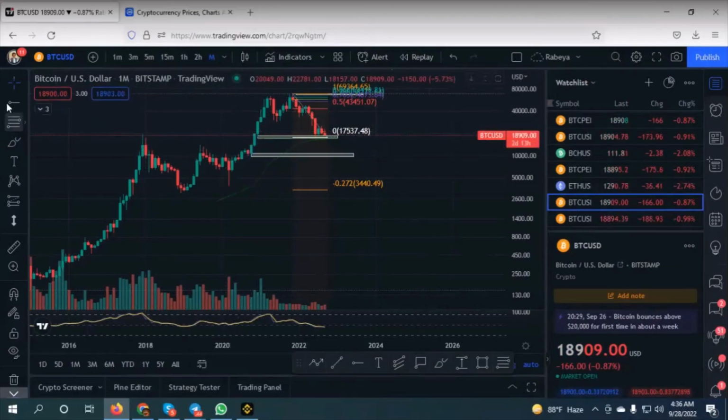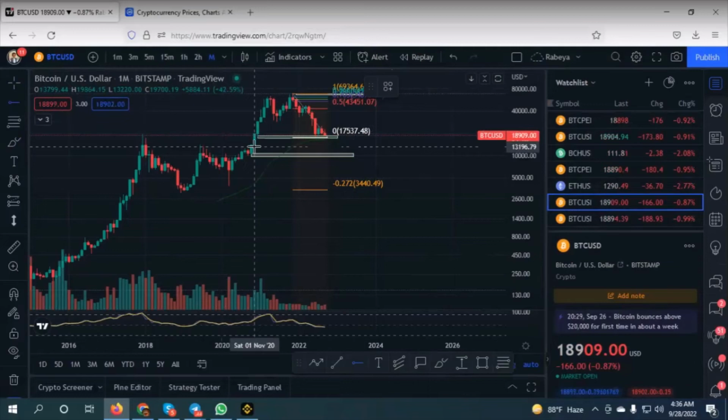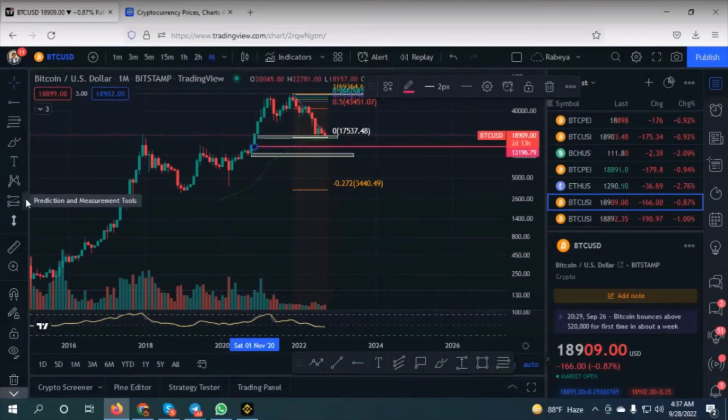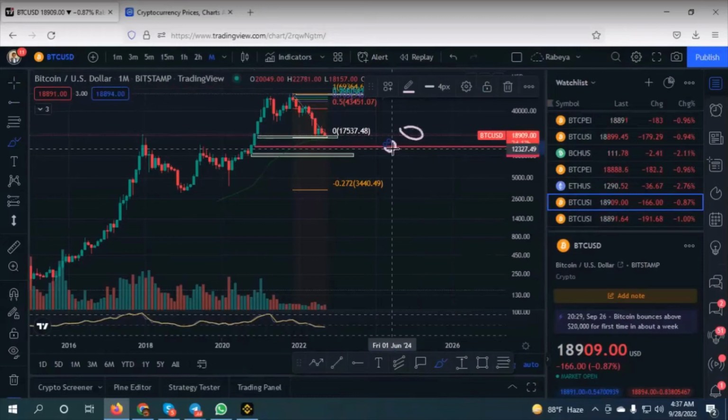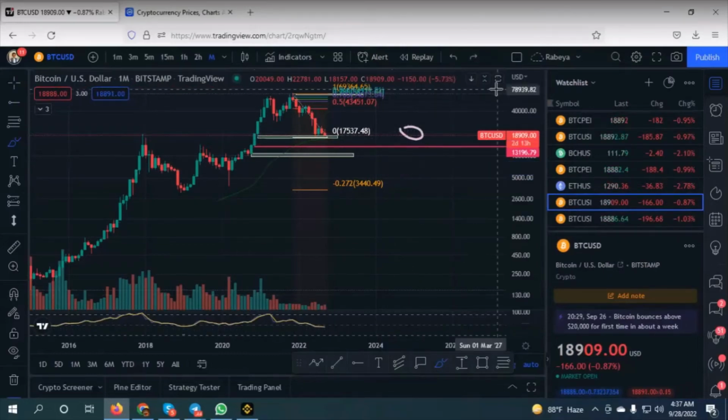You can place your order at 12,000 or 13,000. If the market doesn't come to this zone, then you can blame me. So you have to place your orders step by step: 20%, 20%, and your big 40% in this zone.